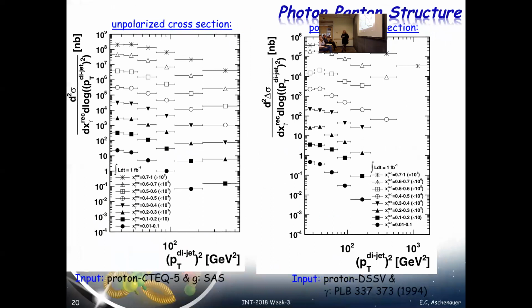So you see very nice precision, and that is only for one inverse femtobarn, and that is the same for the polarized one, and the EIC would be the only machine who can measure this, and that is critical input if an ILC is realized in a gamma-gamma option, because they need the polarized photon PDF, so very critically for some of the physics.